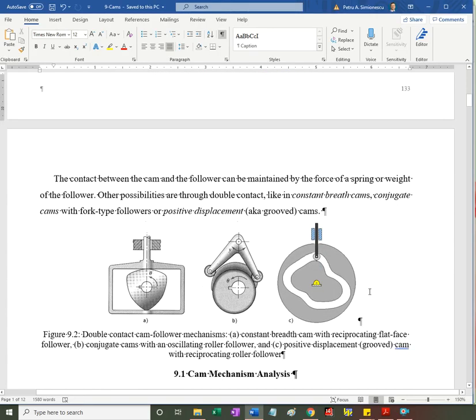All right, so contact between cams can be maintained due to gravity, like in the stem cam, or could be an action of a force, or could be positive displacement, like grooved cams or bilateral cams, or constant breadth cams.